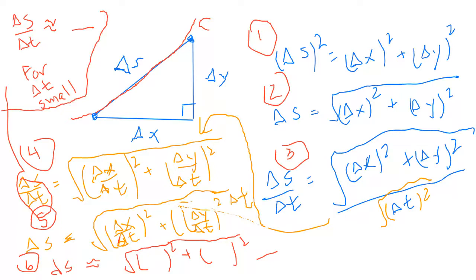Delta S over delta T, the change in S over the change in time, would be approximately equal to what when delta T is very, very small? Think of calculus. What do I want here in the numerator? What do I want in the denominator?